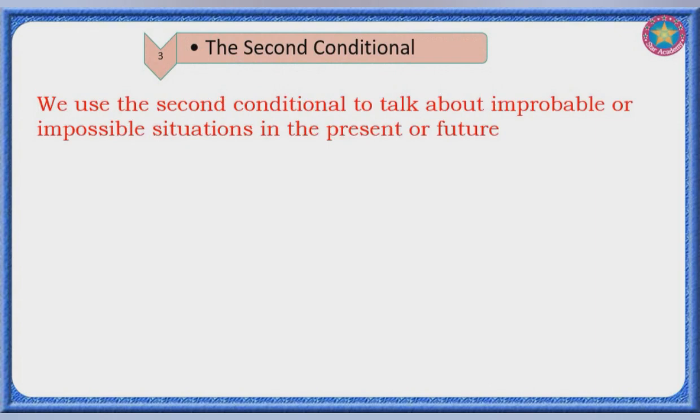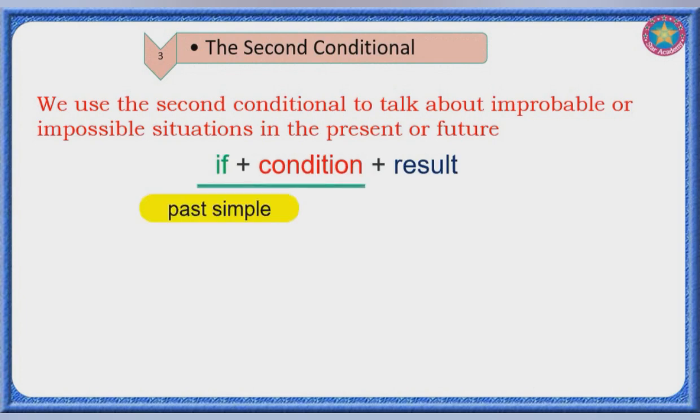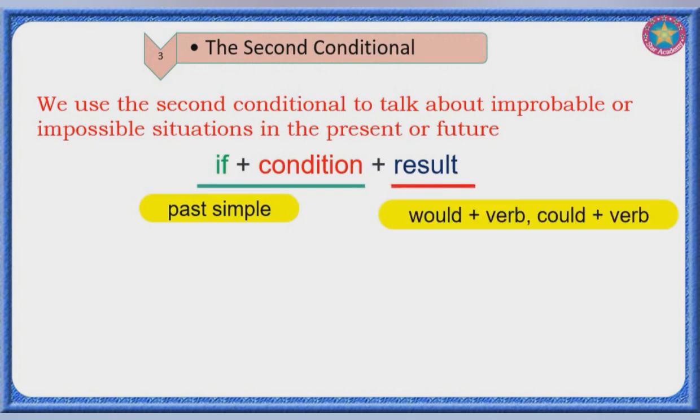The second conditional. We use the second conditional to talk about improbable or impossible situations in the present or future. The structure will be if plus condition. This part will be past simple, while result will be would plus verb or could plus verb.